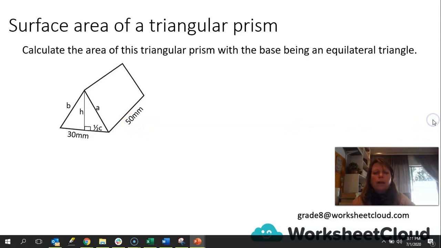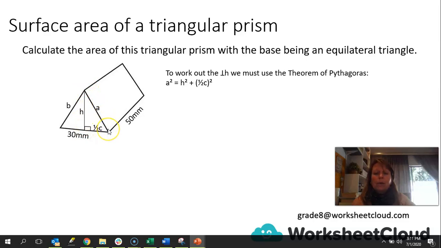Okay, so let's see what we need to do. Obviously, that is going to be half of that. And remember, to work out the area of our triangle, we've got to say half base times height. Right, so we don't know what the height is. So we need to use the theorem of Pythagoras here. So let's see. Our height is not our hypotenuse.